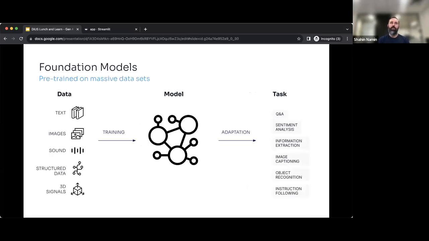So foundation models are the models that are trained on very, very large amounts of unlabeled data and some labeled data. The input of these models can be text, images, different modalities, audio, and so on and so forth. And you can use these models to adapt them to your own problem. And this is what we will be talking mostly in this talk.